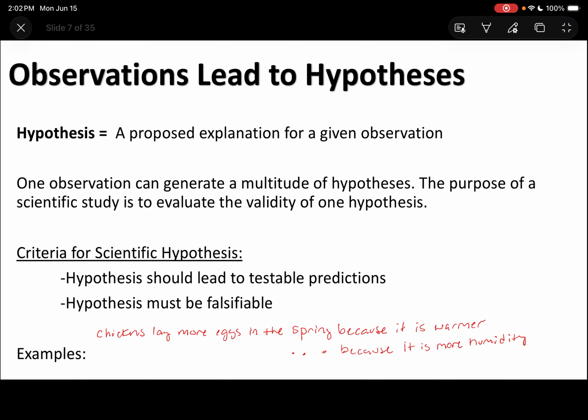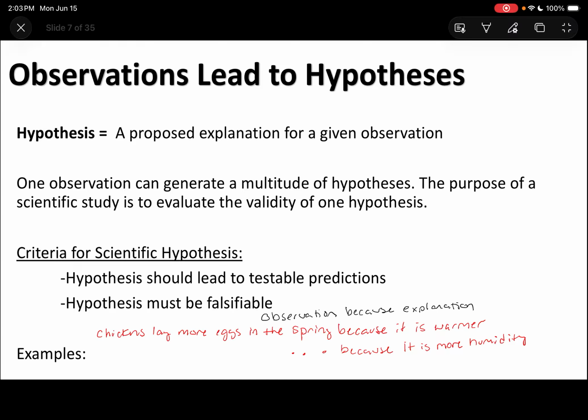What I'm doing here is I am restating the observation, I am inserting the word because, and then I am putting in that proposed explanation that I would ultimately want to test. Hypotheses don't absolutely have to follow this format, but that is a good format to start with as you're getting your feet wet with proposing hypotheses.